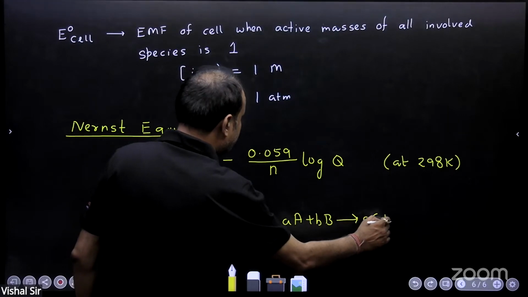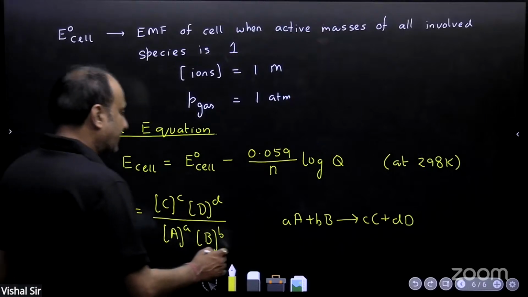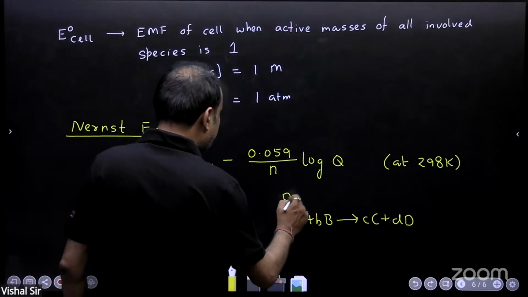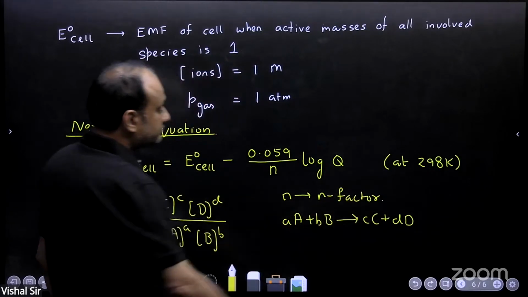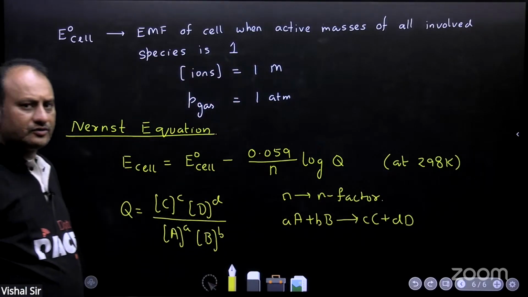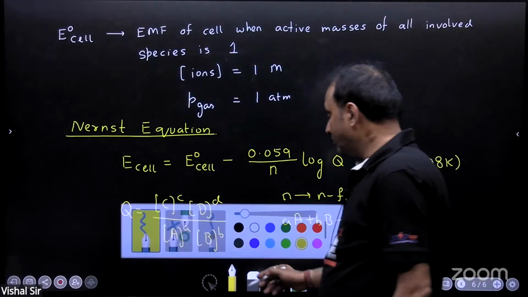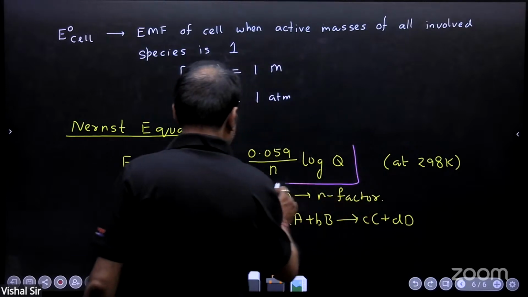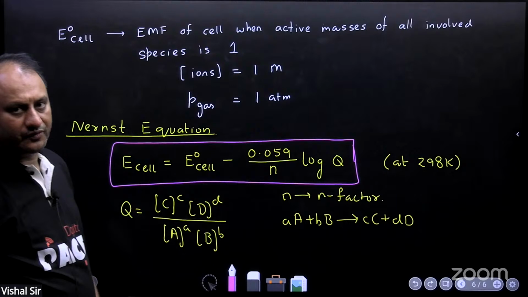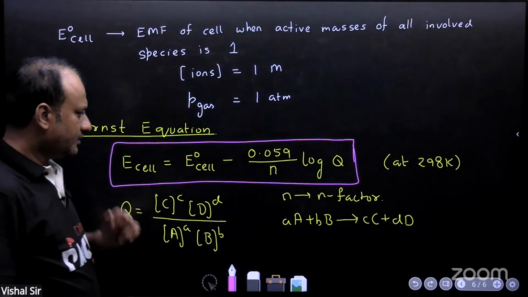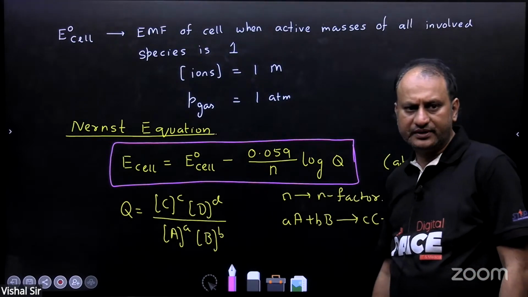For this reaction, this is how we will calculate Q, and n is n factor of the reaction. So this equation is called Nernst equation, by which we will calculate EMF of the cell if active mass of involved species is not 1.